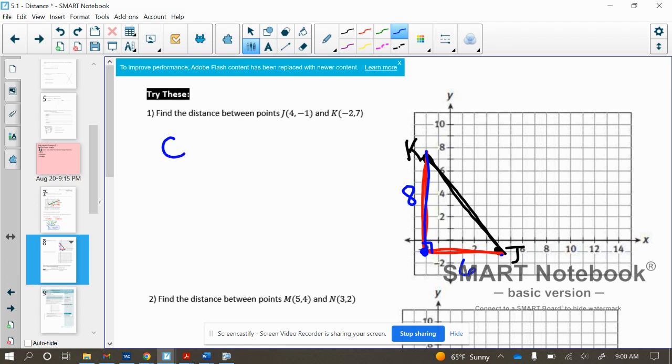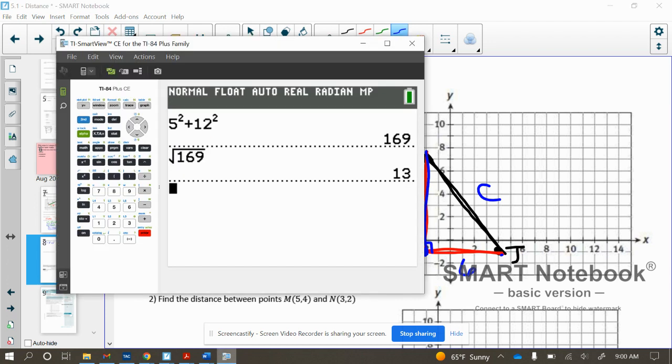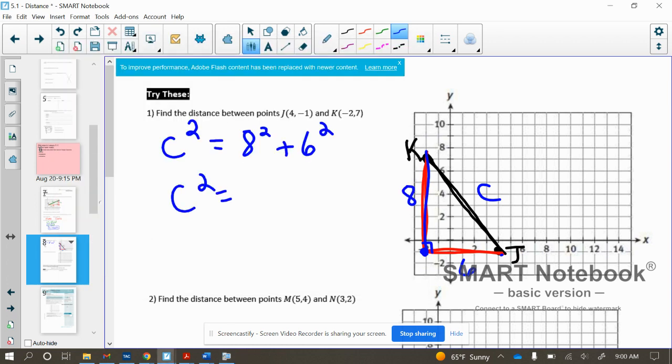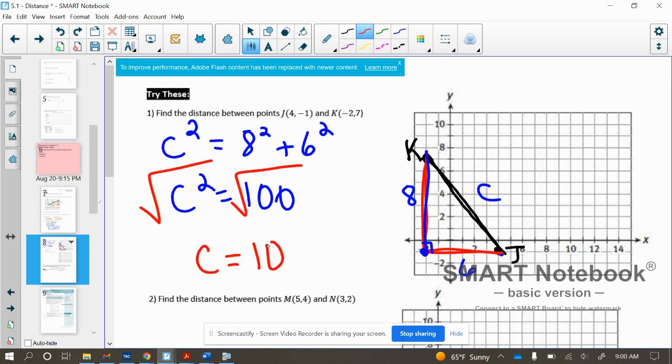So this time, again, we're looking for the C. So we do 8 squared plus 6 squared. So again, in your calculators, you can do 8 squared plus 6 squared. But remember, this is what C squared equals. So in order to get just C by itself, you must square root and get 10.